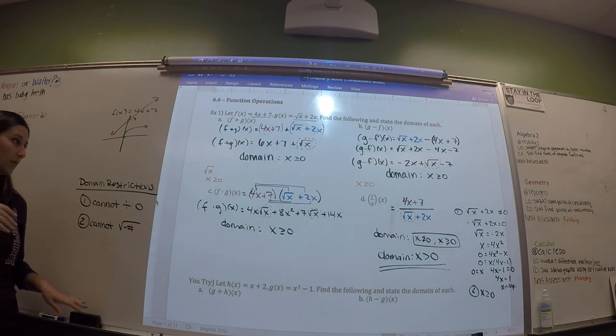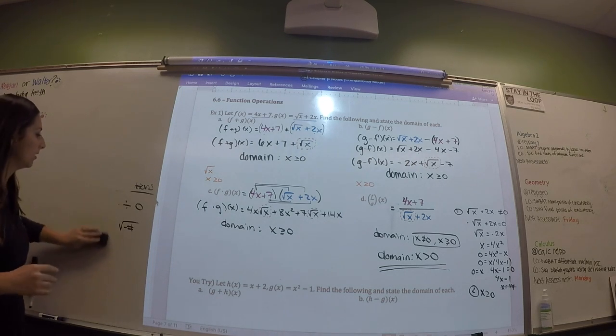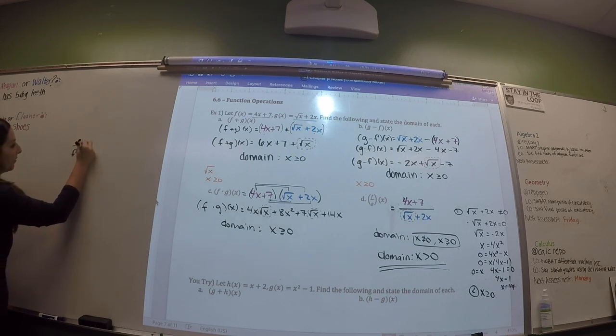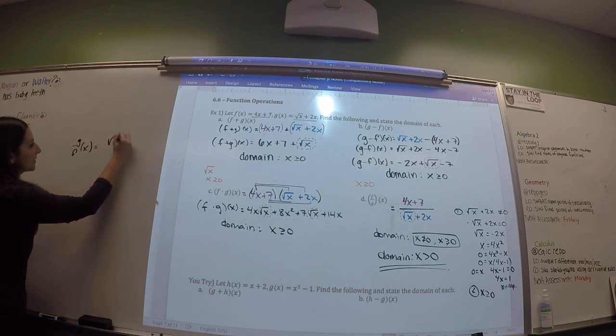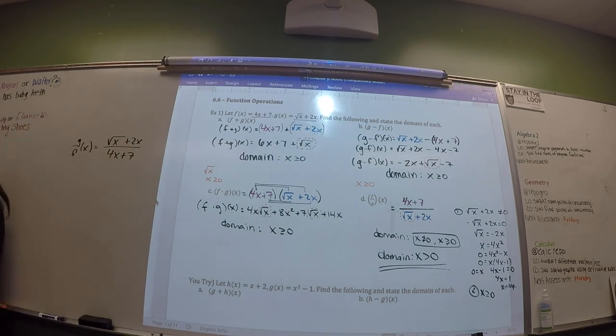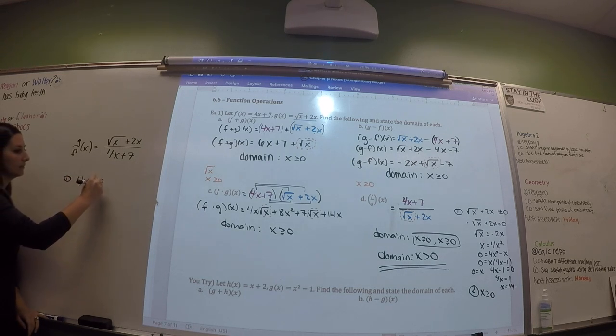Now, a real quick side note: that was f divided by g. If it was g divided by f, it would look like this. Okay? This is different. So if it's g divided by f, first, you're going to do the same thing you did before. We have x's in the denominator. This is our denominator.